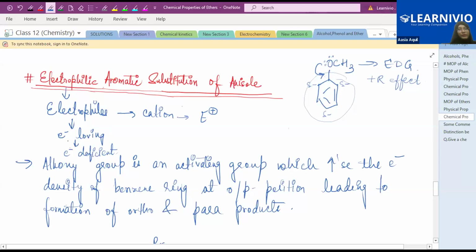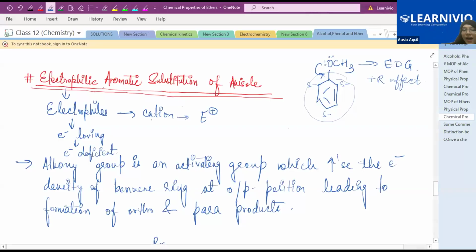Which group will love electrons? Which doesn't have much electron in it, which lacks electrons. So electrophiles are electron deficient, and on the other hand, nucleophiles are electron rich. That's why they have a minus charge over them. They are anions, but the electrophiles are electron loving and electron deficient.